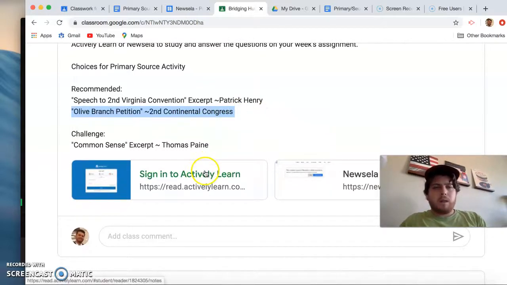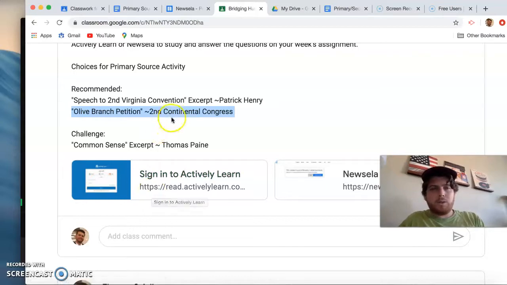These sources, all three of them: the Olive Branch Petition is on Newsela, and then the Common Sense excerpt and the speech, the Second Virginia Convention, for those people who are curious to challenge themselves a little bit with more difficult texts, are on Learn Actively. You do not need to read all of them.